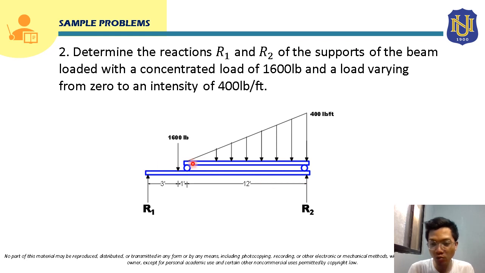If we construct its free body diagram, we can see that it carries this varying load, and we can solve for its reaction here. This is supported by a roller.